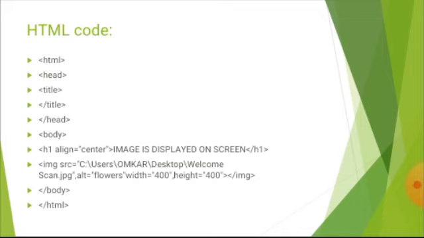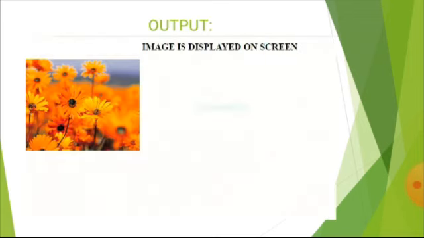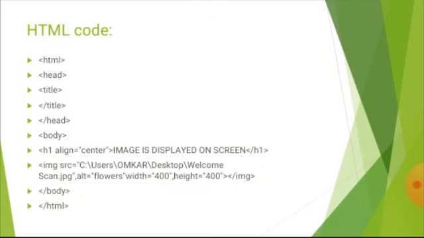Then we are using the align attribute. Inside the h1 we are writing this sentence: image is displayed on a screen at middle. That's why we are using align equals center, so this sentence is at center. Then the h1 tag is closed.